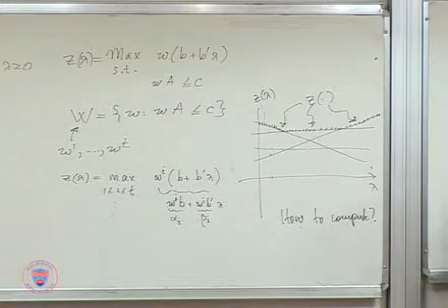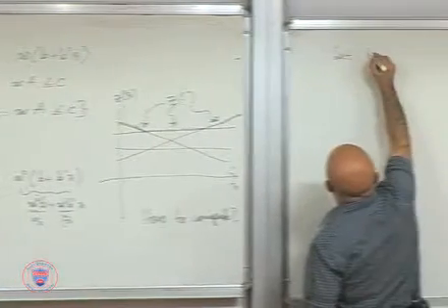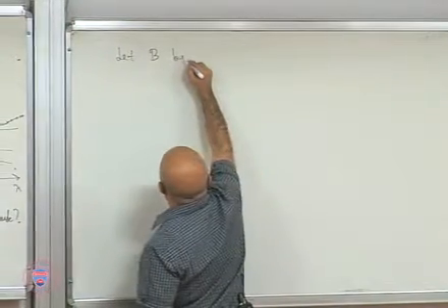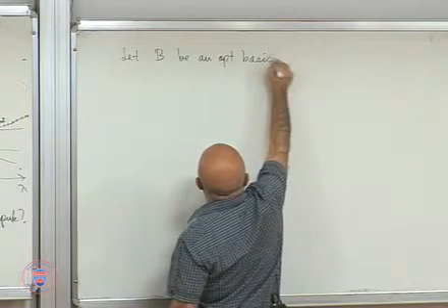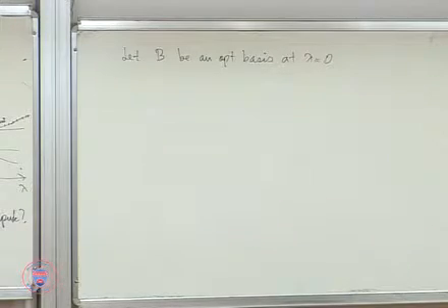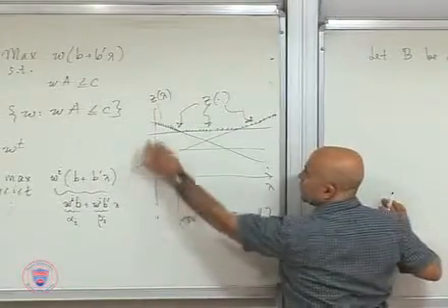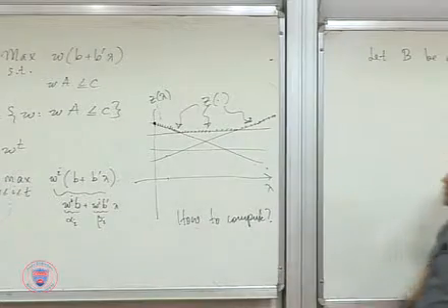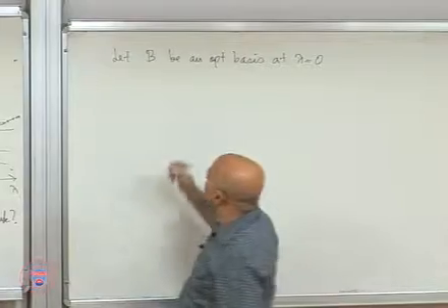So to do that, let's just assume that B is an optimal basis corresponding to lambda equals 0. So first you generate, at the lambda equals 0 point, this first extreme point optimal cost, and we assume that's defined by some basis B.